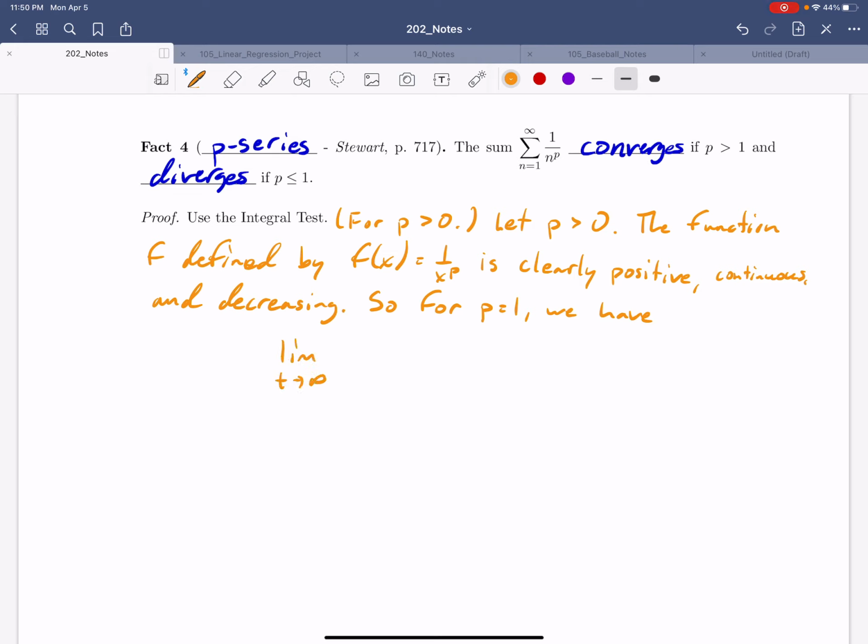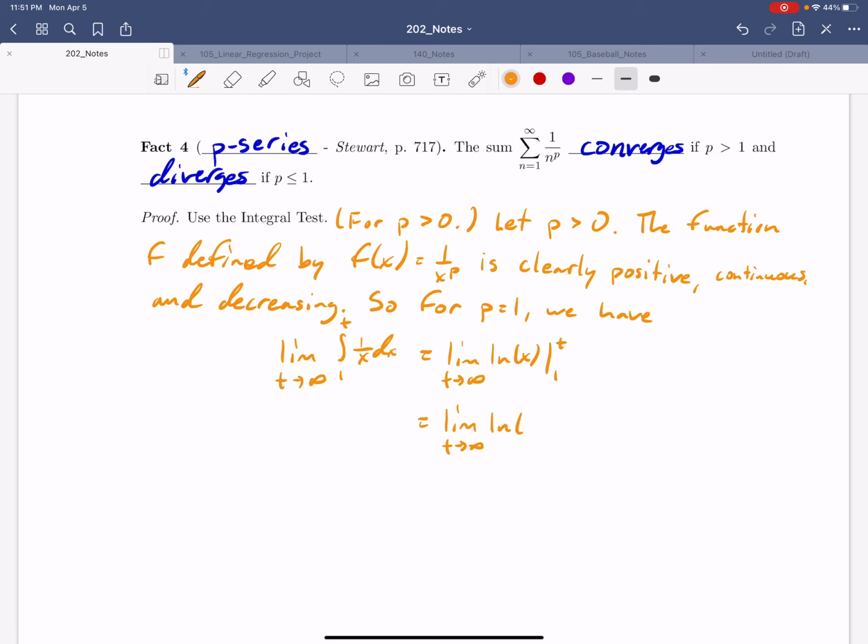The limit as t approaches infinity of the integral from 1 to t of 1 over x dx, and this equals, right, the limit as t approaches infinity. This is, of course, going to be ln of x from 1 to t.